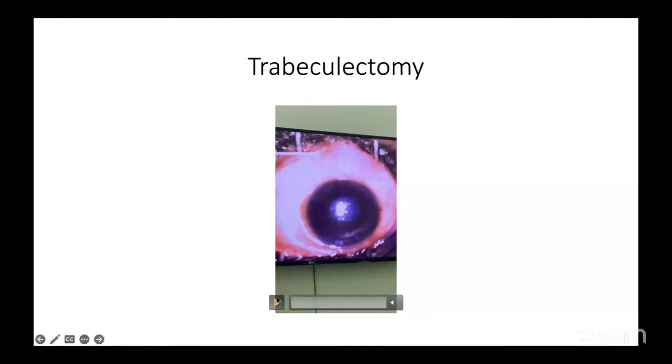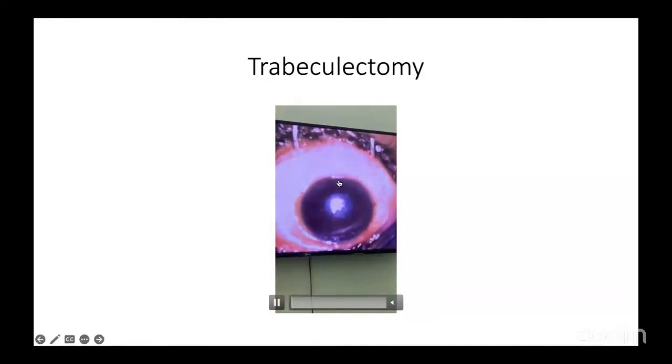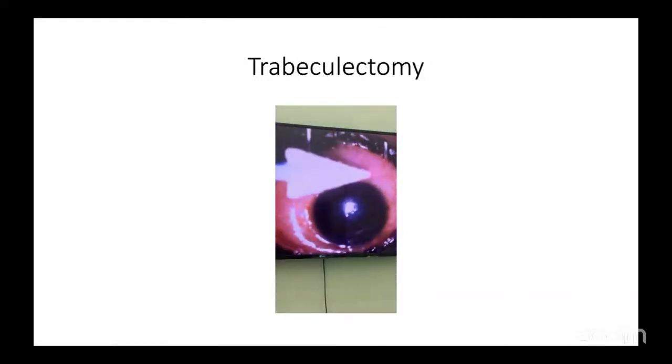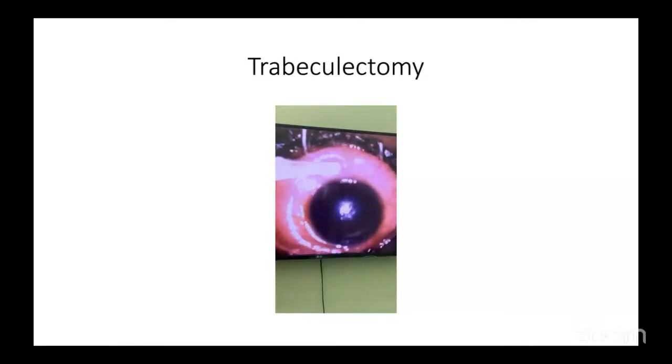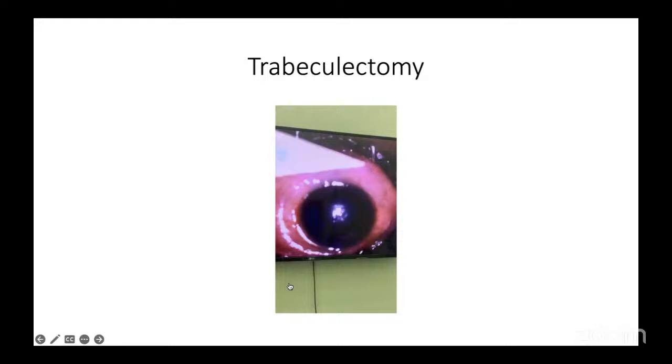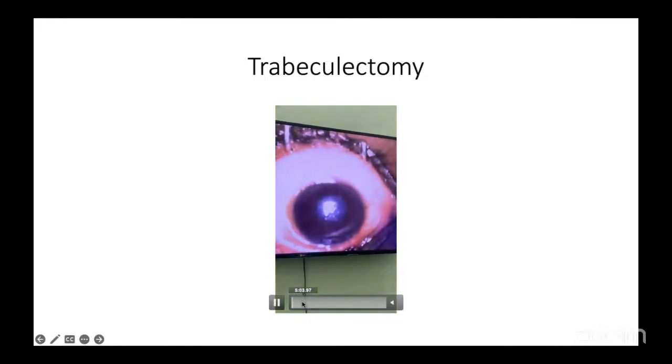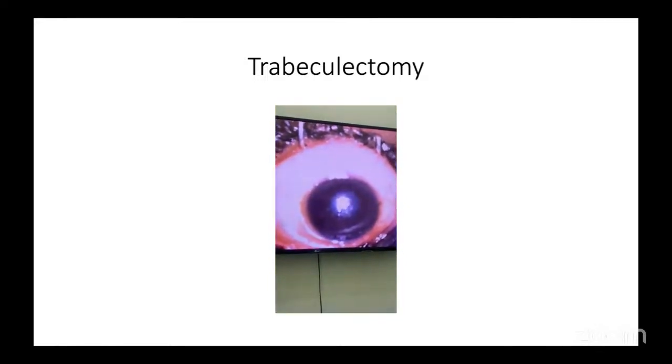And then we make sure that we spread the MMC, so you can see MMC is spread across so that we don't have a localized cystic bleb. She has already explained all the steps, but just a little bit of this now.